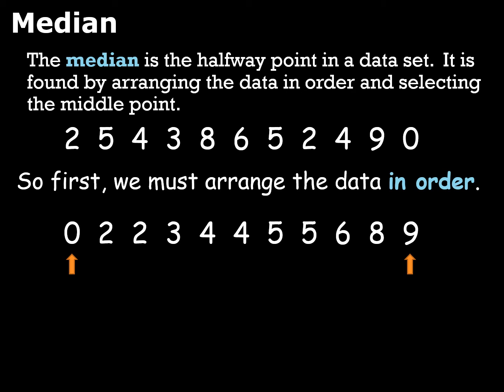I want you to learn how to do this the old-fashioned way, by definition, because I want you to understand how these values are found. Obviously, if you have a large data set, you're not going to write it out in order by hand. You're going to use something.